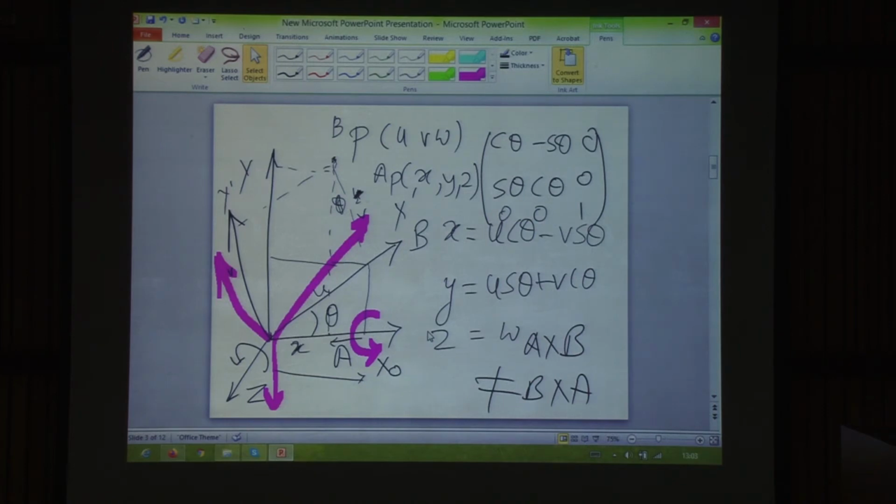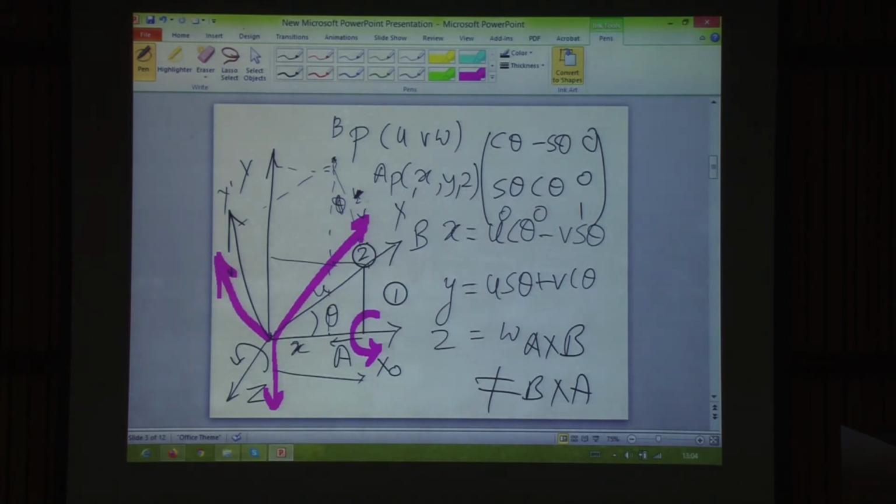So this was my first rotation, then this was my second rotation, right. Now if I want to align this with this, I must first do this one, then I must do that one.